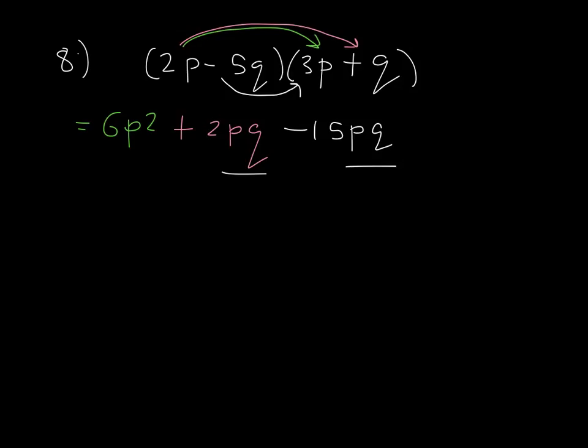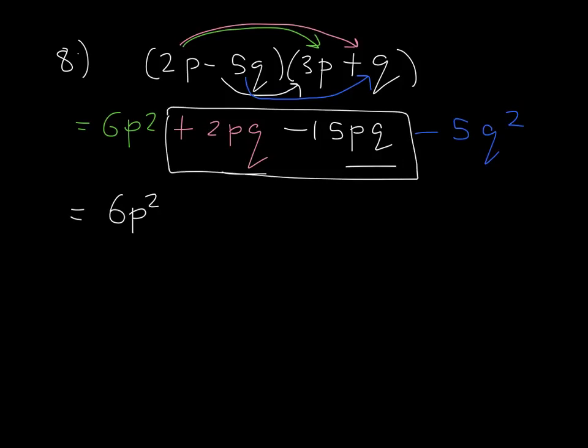Then finally, we've got minus 5q multiplied by q, which gives me minus 5q squared. We can then collect the like terms, 6p squared. The central two terms here simplify to give us minus 13pq, and at the end we've got minus 5q squared.